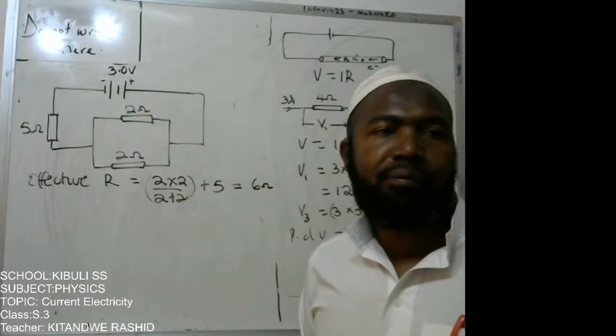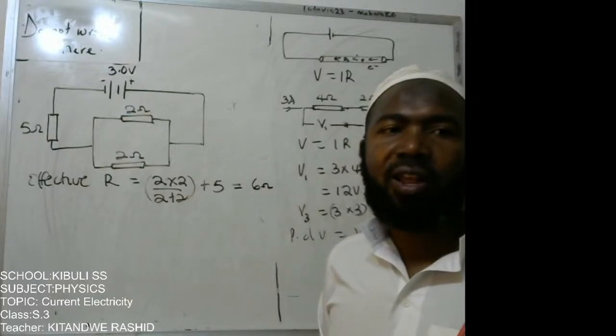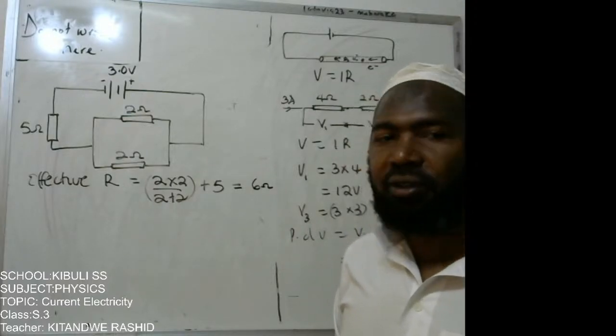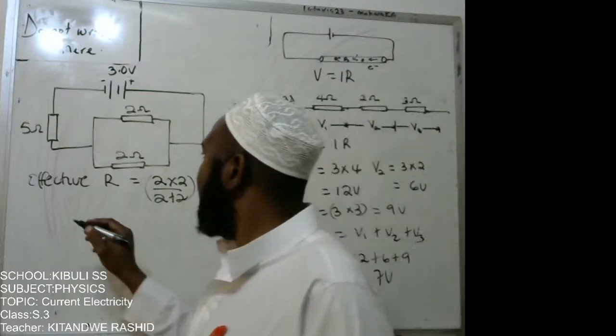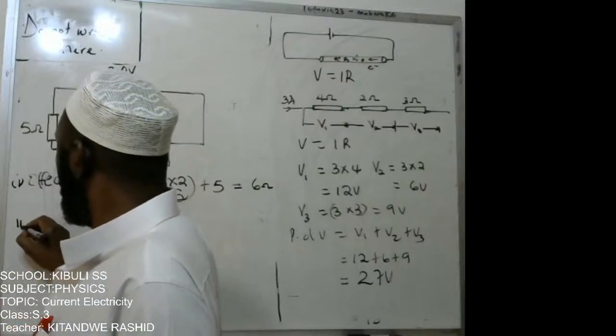Then calculate the total current through the circuit. Total current through the circuit. Here we'll employ Ohm's law.